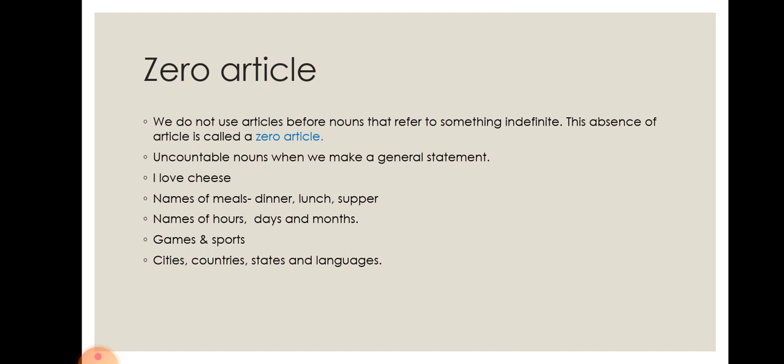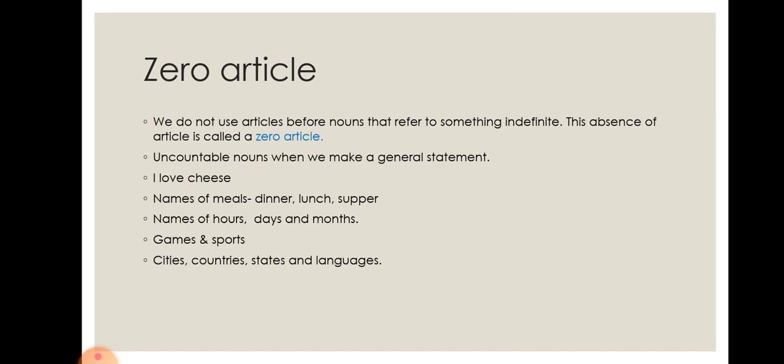Where you say I am from Kerala, you need not say I am from the Kerala, because Kerala is known to everyone. It's a state in the country India. So there we need not apply any article. So again, zero article is applied before the names of cities, countries, states, and languages.